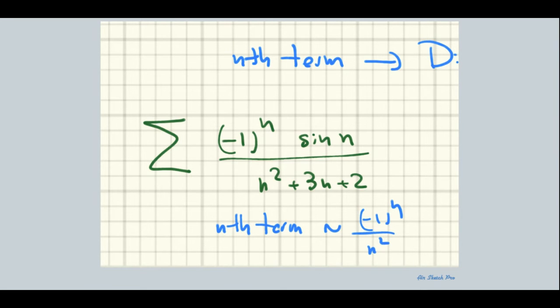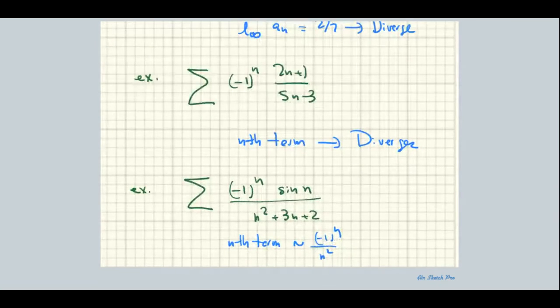I can compare it to (-1)^n times 1 over n squared plus 3n plus 2. And as such, I'm saying, oh, look, the nth term does go to 0, right? I'm looking like 1 over n squared. That's going to go to 0, right? And in addition, I'll be able to go ahead and say now that it's also alternating.